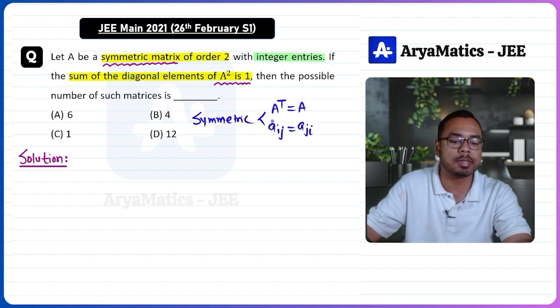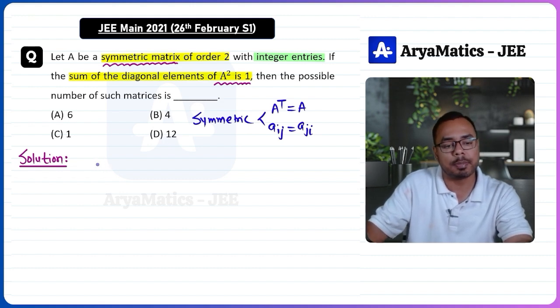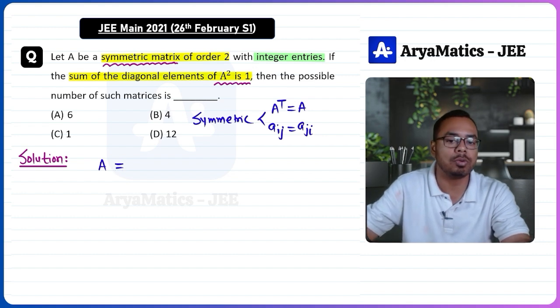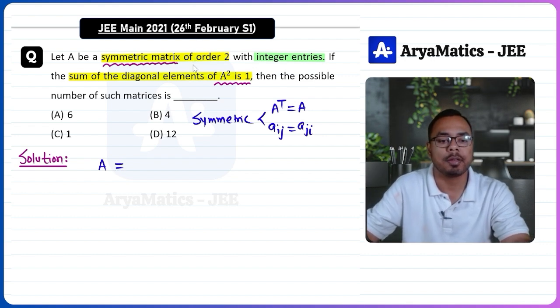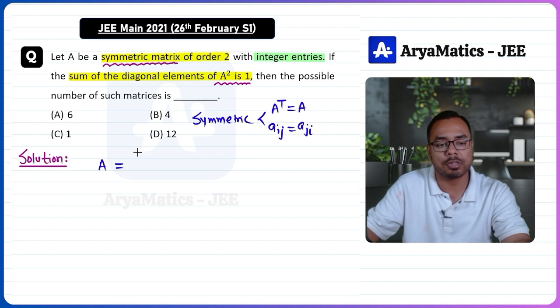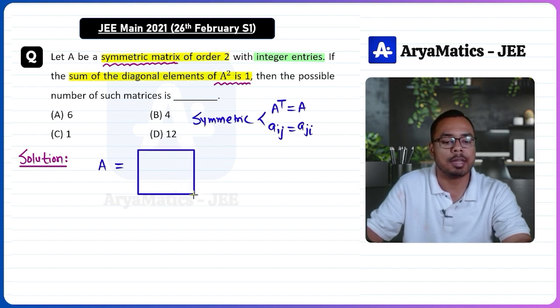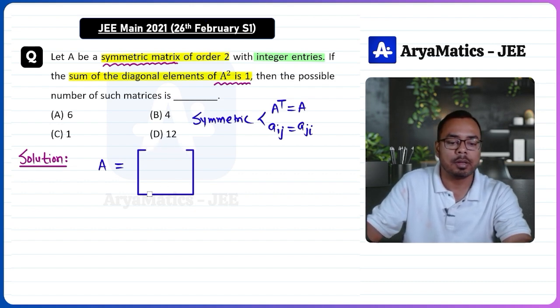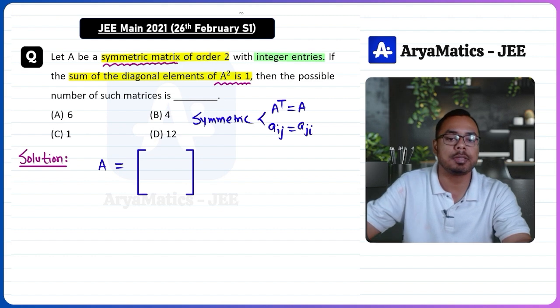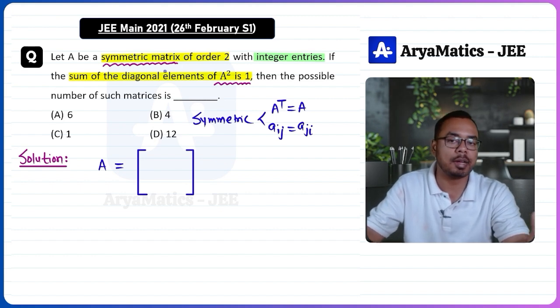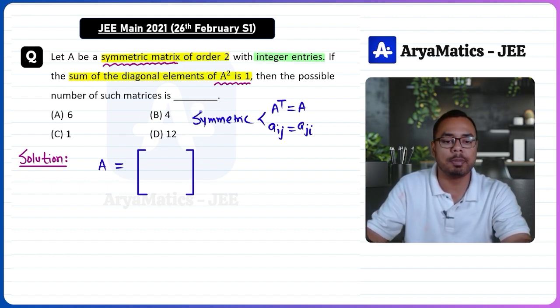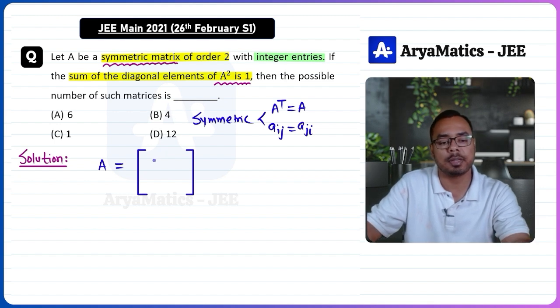That means the matrix is symmetric about its principal diagonal, right? So here, if I have to take a 2 cross 2 symmetric matrix, first we'll start with a general 2 cross 2 symmetric matrix, and the trace of A square will be 1. So from there, we'll try to find an equation in variables, and then we'll see what are the different integral values of those variables which will satisfy that equation.